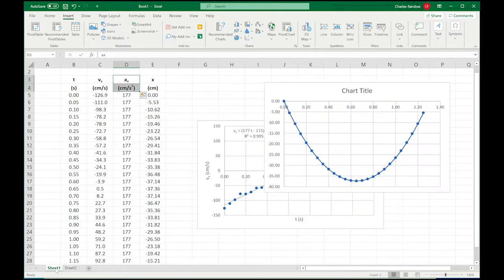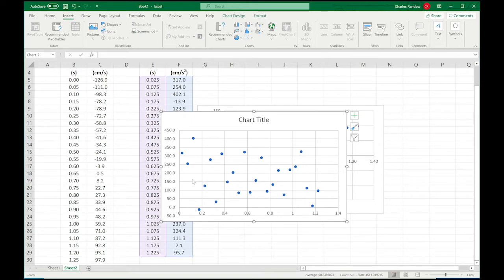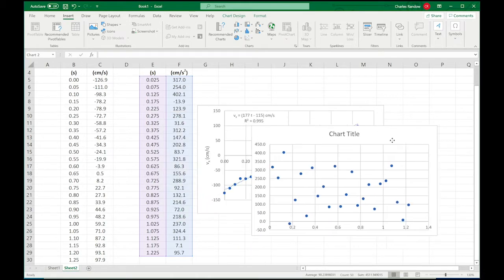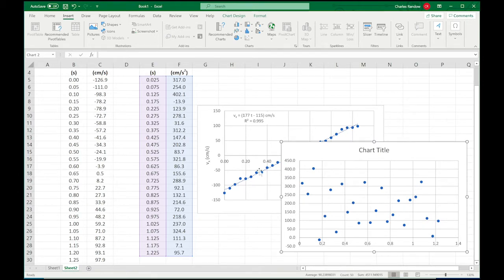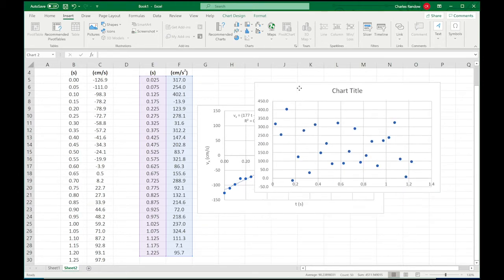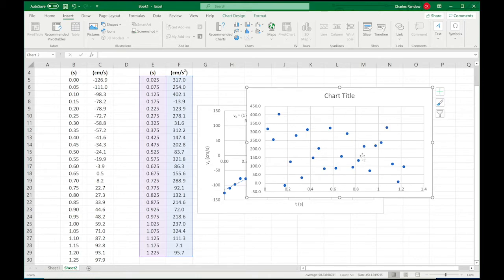And if we go back to our original, the value should be 177. It should be a constant. But 177 is kind of in the middle of all of this mess. What we're seeing is we're picking up all these slight differences in these slopes along the way. So this is what happens in this particular case when we take this derivative.